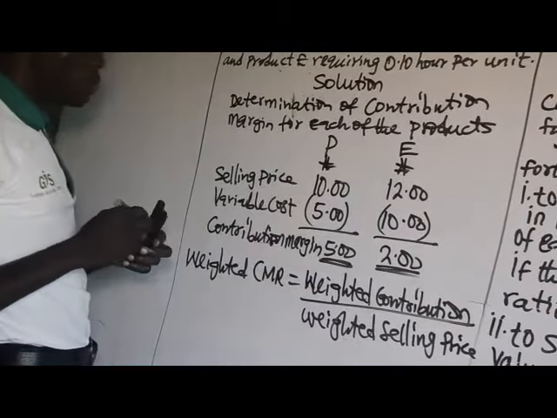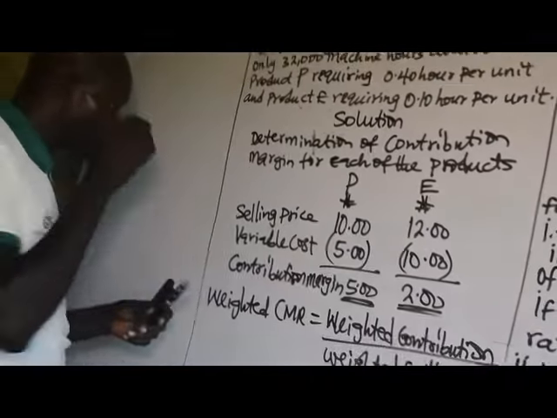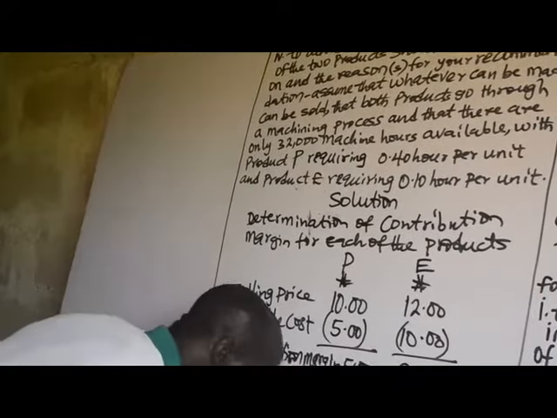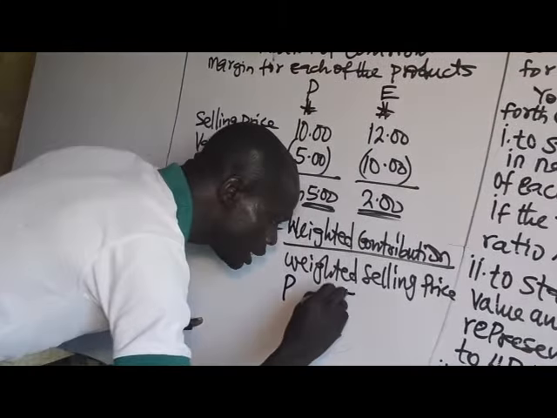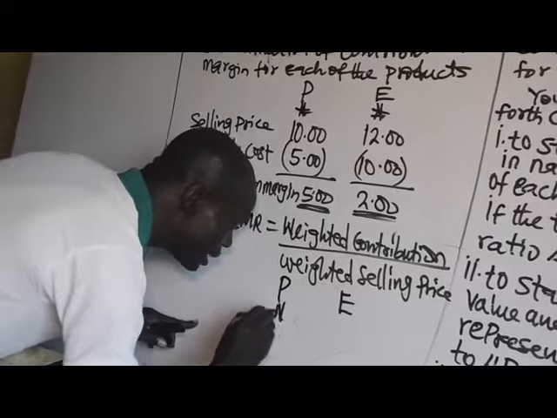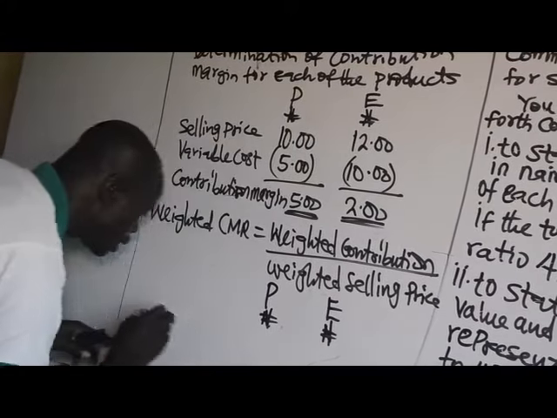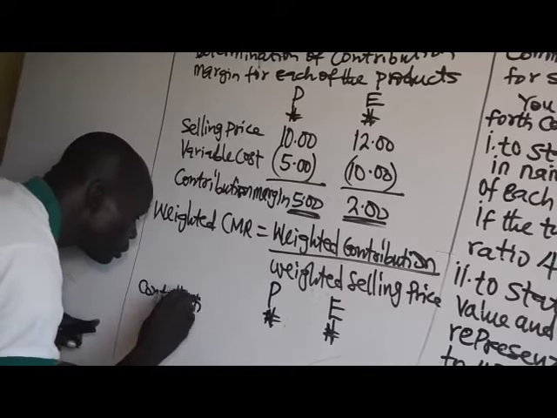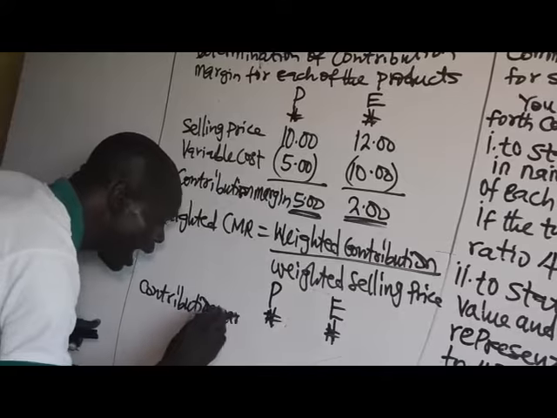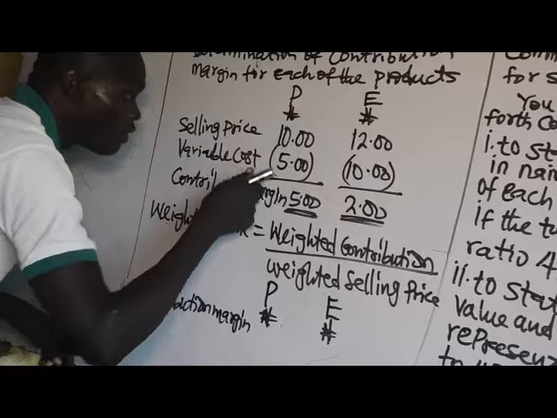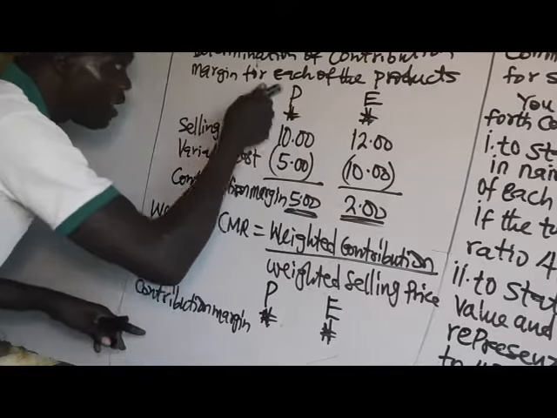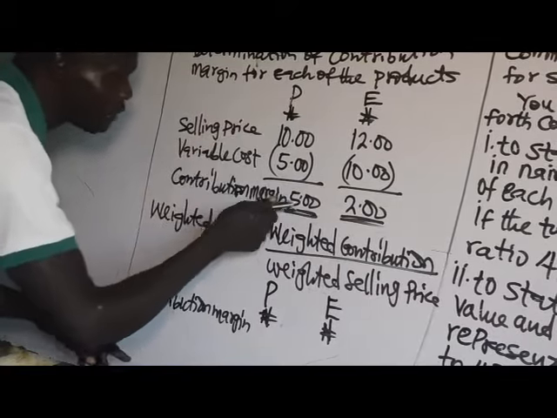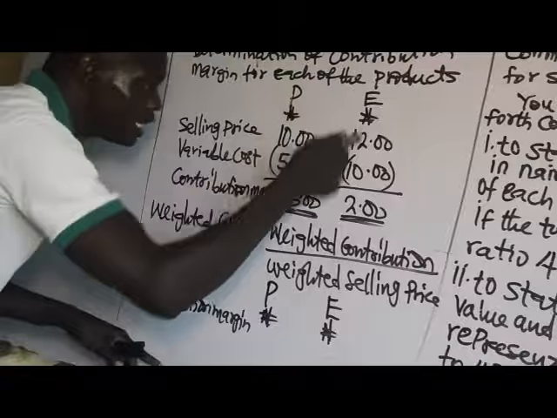Weighted contribution margin over weighted selling price. Remember, you have determined the contribution margin for both products P and E respectively, as determined above. For product P, that is 5 Naira, while that of product E is 2 Naira.